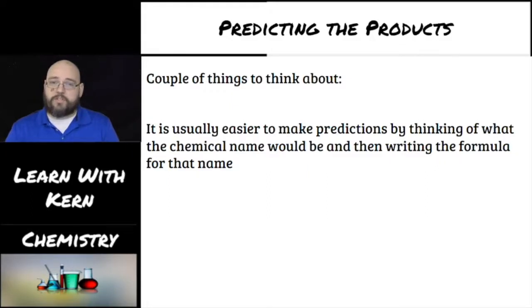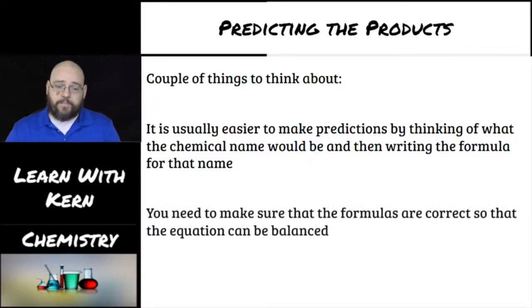If you just look at the formulas, then oftentimes you're just going to write the same symbols that you wrote before, and the subscripts would all be wrong, and then you wouldn't be able to balance the equation. So look at the names of the compounds and try and predict the products thinking about what the name would be, and then write the formula from that. And you make sure that the formulas are correct so that the equation can be balanced.